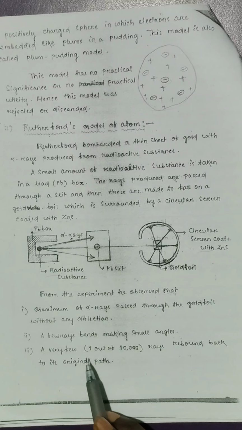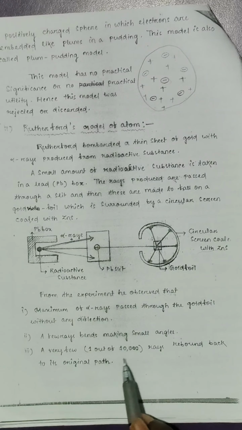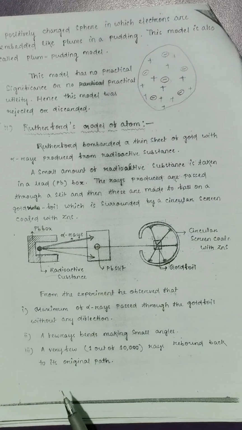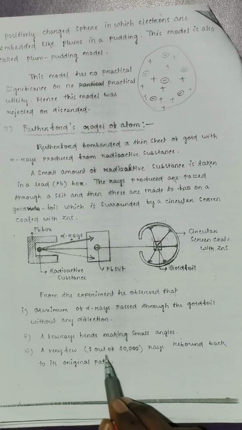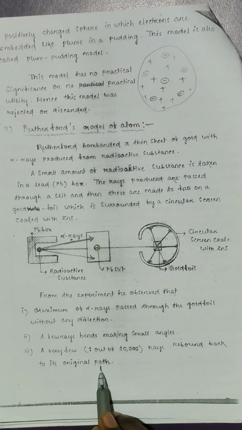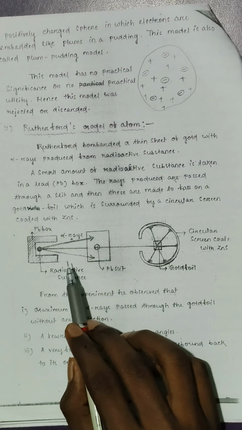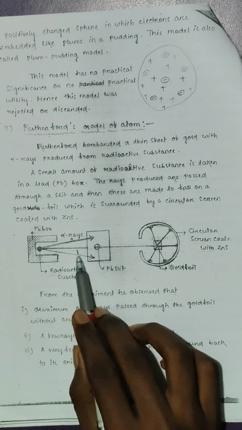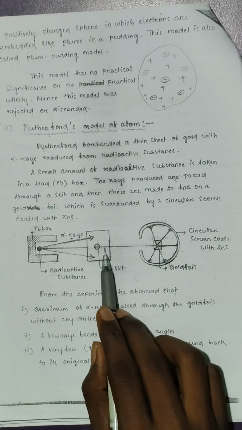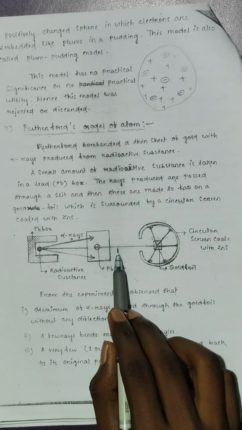A very few, 1 out of 10,000 or 1 out of a million, rebounded back along the original path. Means the alpha ray goes straight and after that it comes back. It was a very rare chance.